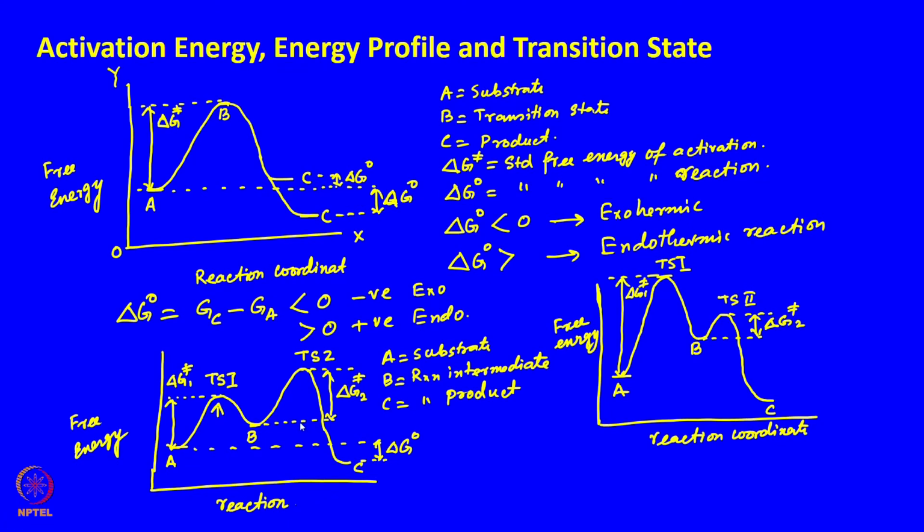In one case, the formation of B from A is fast because the activation energy barrier is lower, and the second one has a higher activation energy barrier, whereas here for A to B the activation energy barrier is very high and the other activation barrier is low. So, this reaction intermediate B is an unstable reaction intermediate.